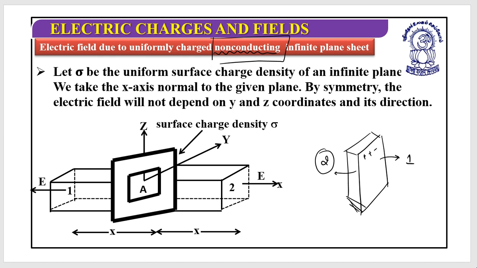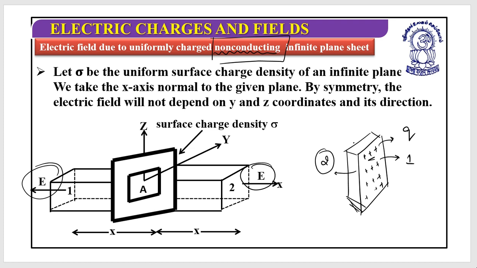If I have been given a charge, let's say q, here at A, then the electric field due to this charge would be available in this direction as well as in this direction. But charge cannot move from this surface to the back end side. This should be considered.